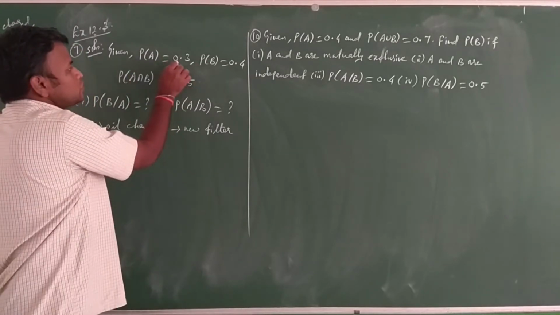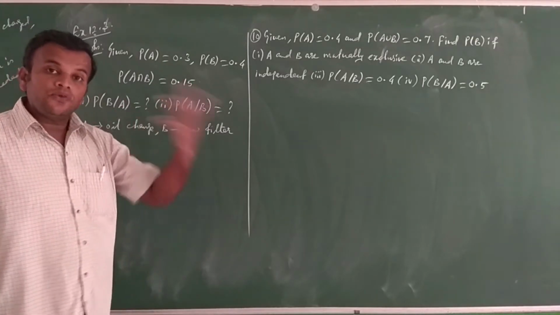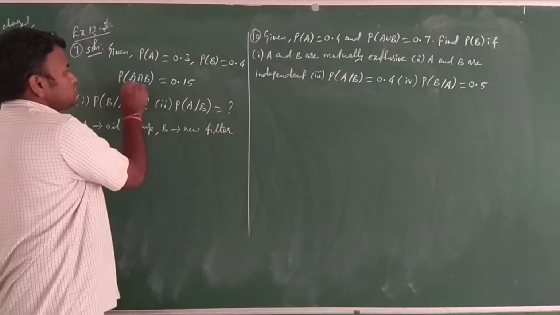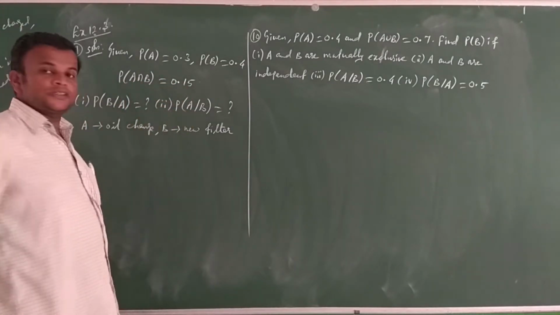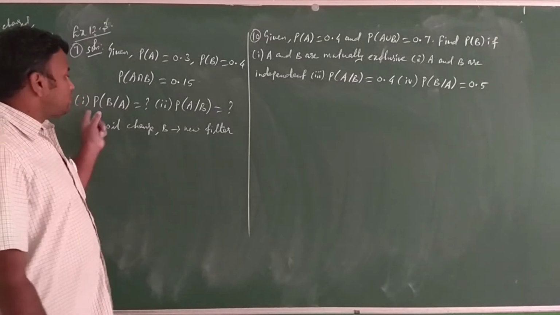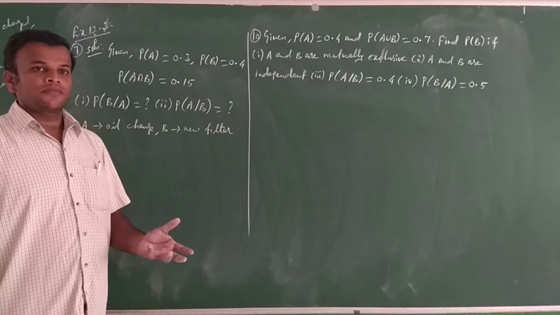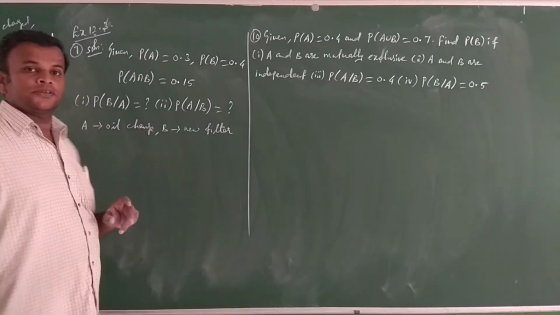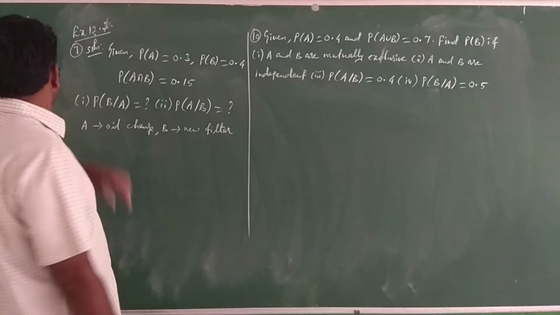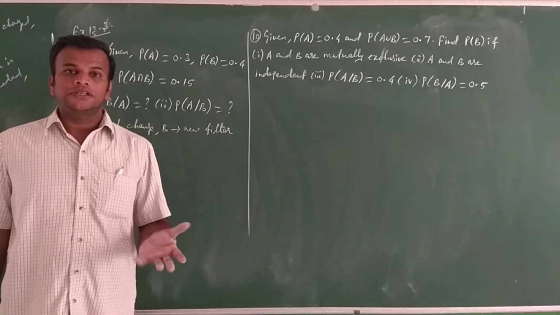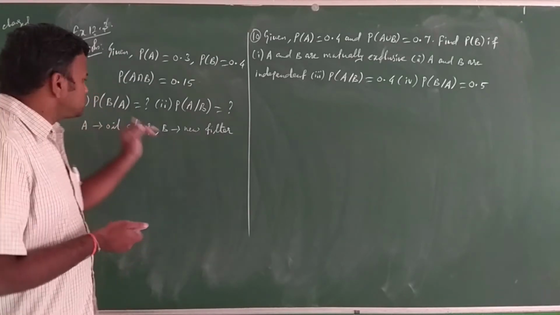So given P of A is 0.3 and P of B is 0.4. Oil change and the new filter both together is also given, so that value is 0.15. Then there will be 2 questions, but in our question they are given in words, which we convert into symbols. The first one is, suppose the oil is to be changed, the event A has already happened.